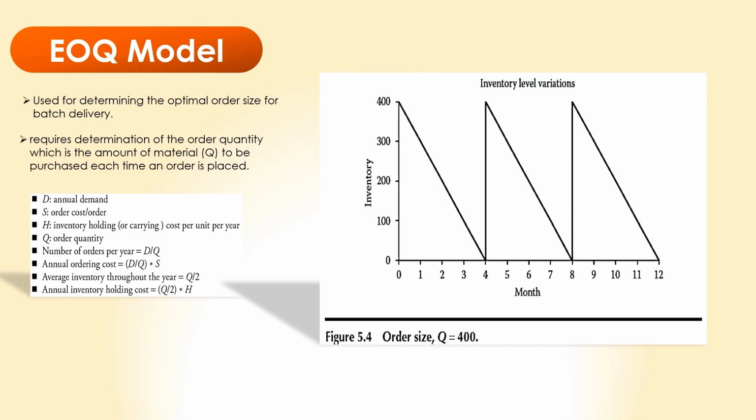So the average here would be 400 plus 0 plus 400 plus 0 plus 400 plus 0 all over 6. And this would be equal to 1,200 all over 6. And that is equal to 200. And 200 is half of 400. So we can also conclude that the average inventory throughout the year is given by Q over 2.